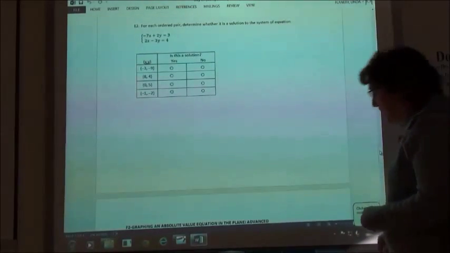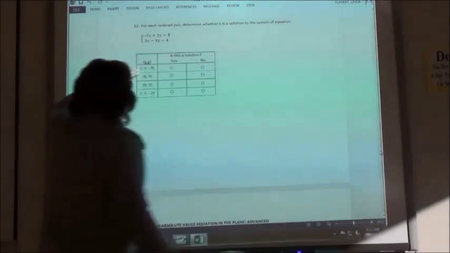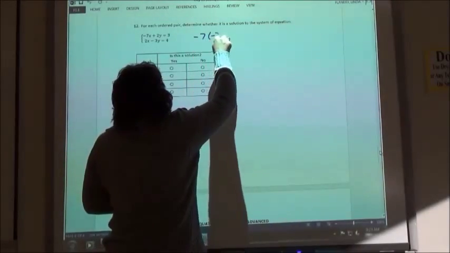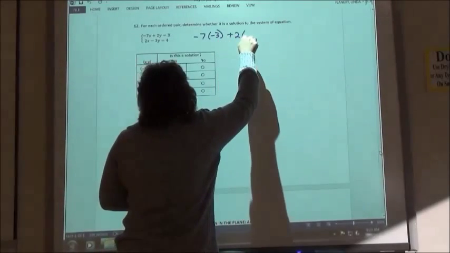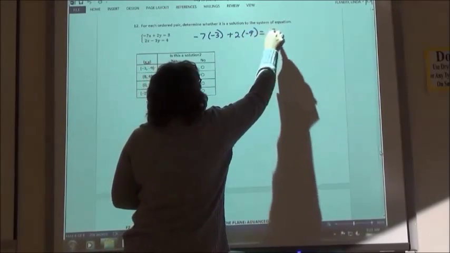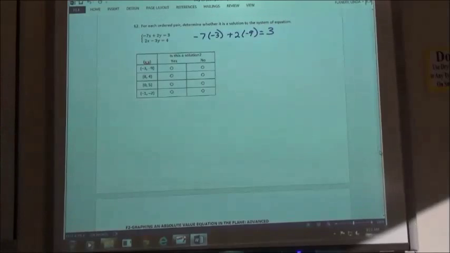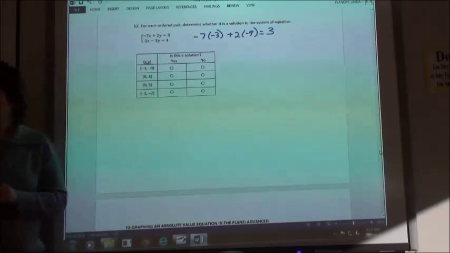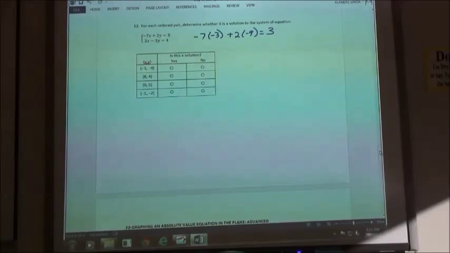Number 12, same kind of thing. Checking negative 3, negative 9. So negative 7 times negative 3 plus 2 times negative 9. Does that give me an answer of 3? Yes, it does.